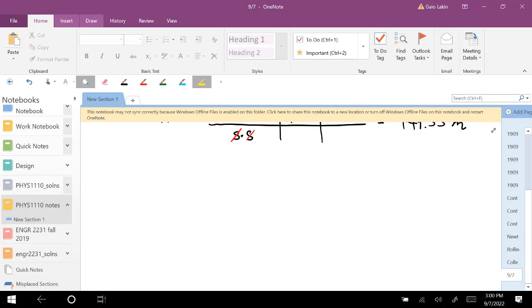So let's say that you did your 30 measurements of how long it takes for an object to fall 2 meters. Okay, so this pinball was dropped a distance of 2 meters.